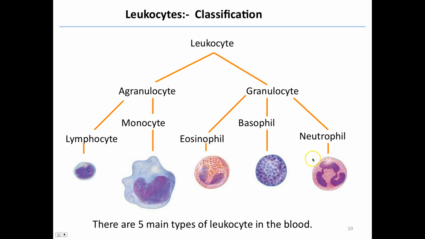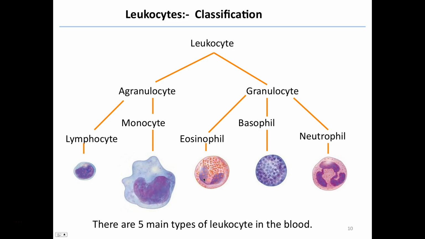When we talk about the presence of granules in the cytoplasm, they are present in the granulocytes. So leukocytes are divided into granulocytes and agranulocytes, and granulocytes contain granules in the cytoplasm. The shape of the nucleus differs between the different types of leukocytes, and the staining patterns also vary.